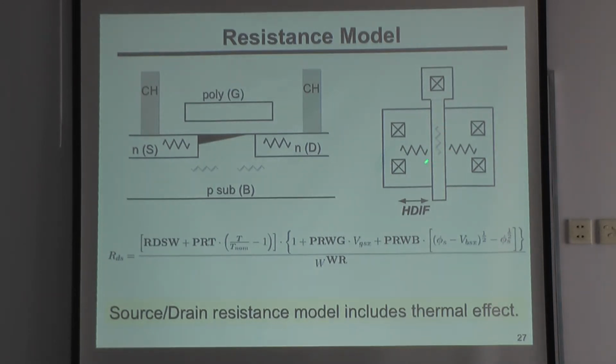This resistance depends on the sheet resistance, and this one depends on W. Some models consider this resistance and some models ignore it. In the SPICE simulator the resistance is modeled like this, but by default the resistance is zero. Once you input all of these parameters, SPICE can calculate.